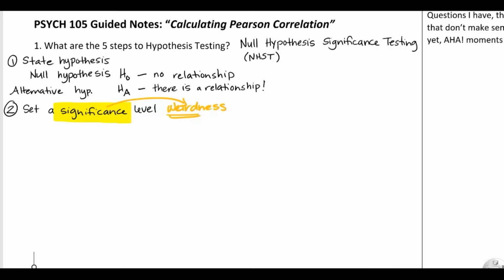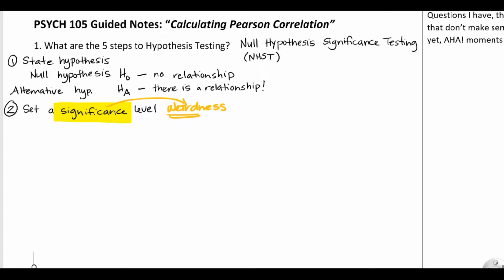So we need to establish, if we're looking for a relationship, if I see a relationship in my sample, how big or how strong does that relationship have to be to the point that I'm pretty convinced that, yeah, there really is a relationship in the bigger population?